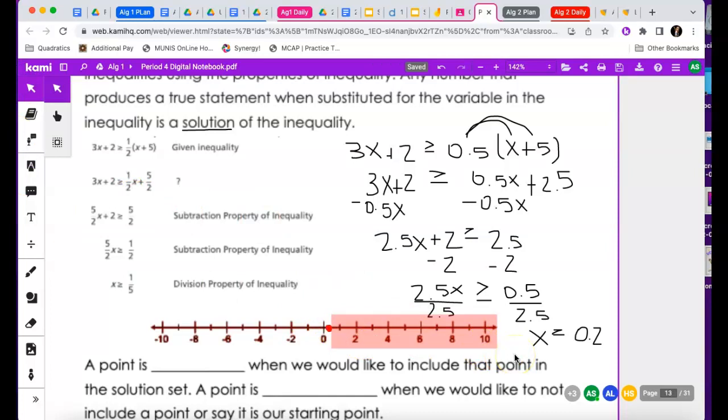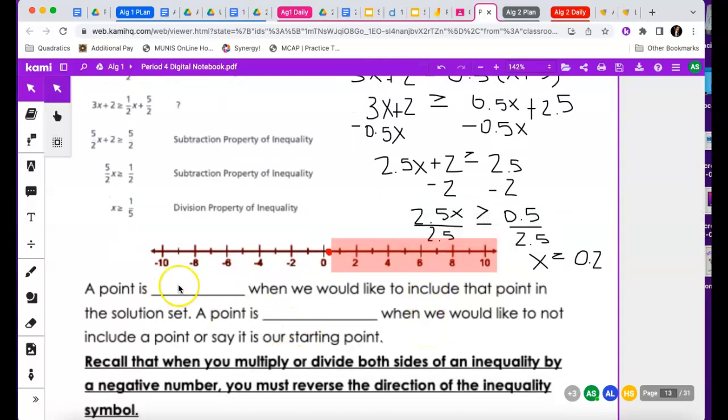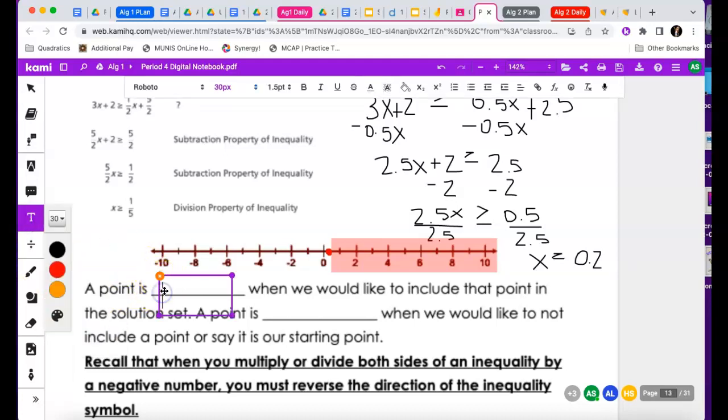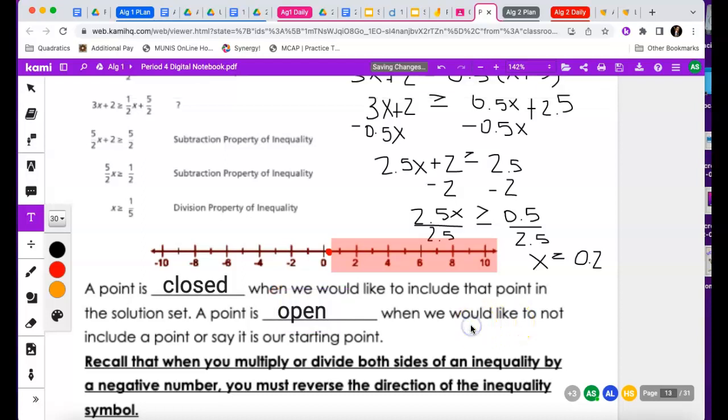All the numbers that are bigger than 0.2. X is greater than or equal to 0.2. So a point is closed, which we went over in the last set of notes. It's a closed circle when we would like to include the point in a solution set. A point is open, so not colored in, when we would not like to include the point.